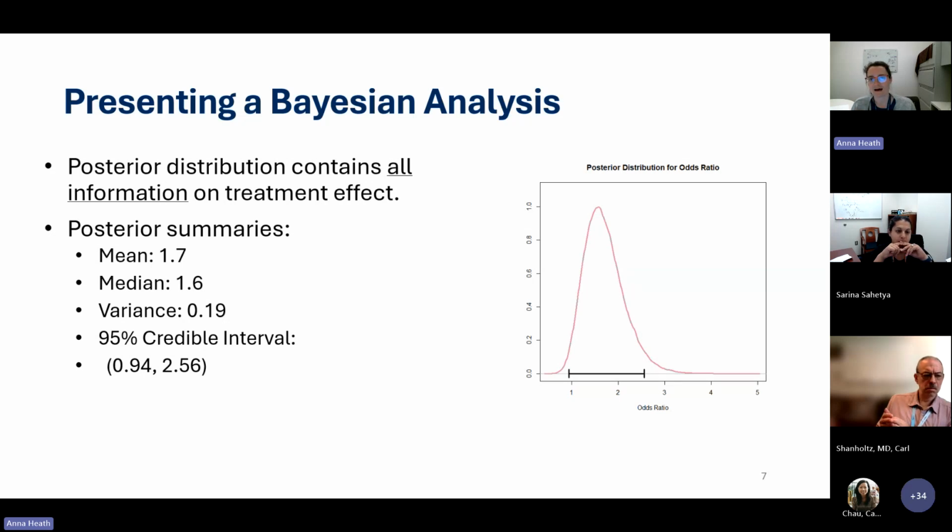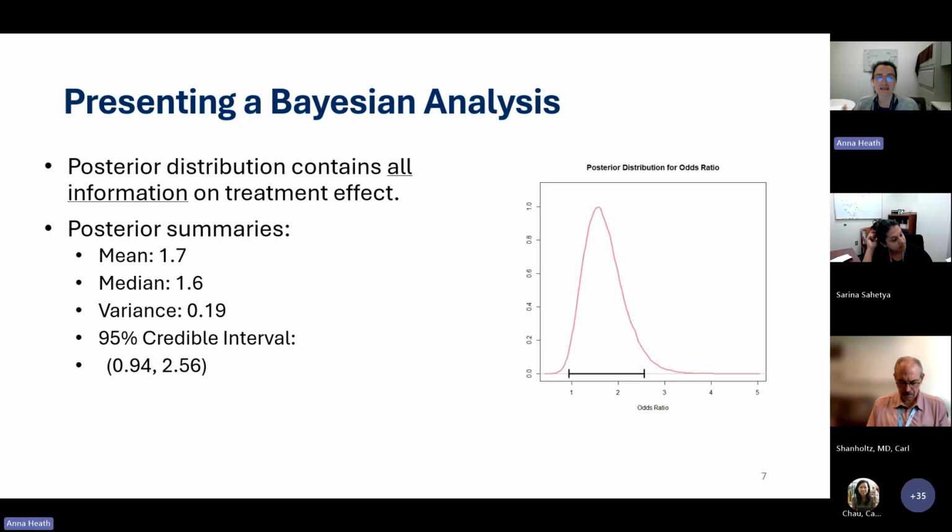What we can then do with that, and this is what's more commonly done, is summarize that posterior distribution in different ways in order to understand or interpret the information that actually came from the trial. So for example, we might represent the posterior by a mean, and that would be the average treatment effect or the best guess of the treatment effect based on the data and the prior distribution.